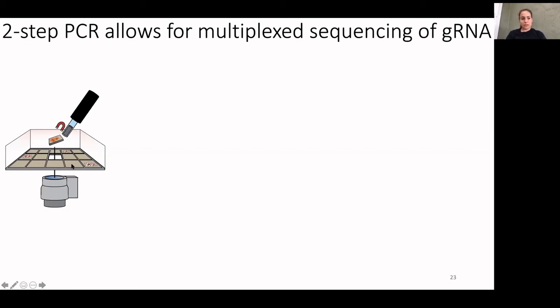So the array is soft and flexible so that a microneedle that you put over a microscope objective can be used to poke an individual raft out of the array. And these rafts have magnetic particles in them, so once you poke it out, you can use a magnetic wand to pick it up and then move it over into a PCR dish. So this setup and system is quite simple.